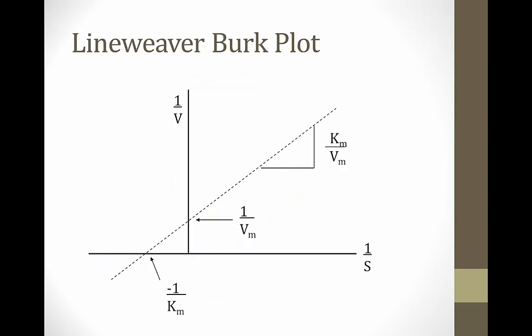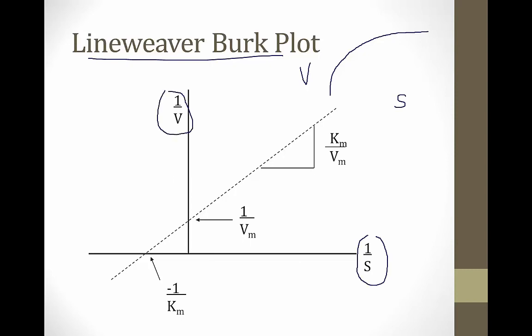So now we have what's called a Lineweaver Burk plot, and this is the exact same data that produced that hyperbolic curve a few slides ago when we put S on the x-axis and V on the y-axis. But now we're plotting 1 over S on the x-axis and 1 over V on the y-axis, and it converts it into a straight line.